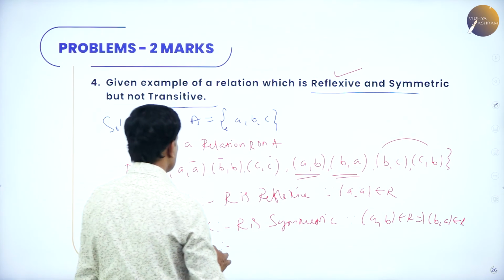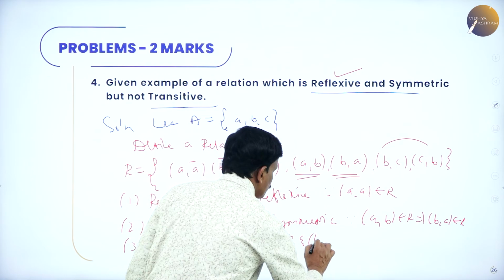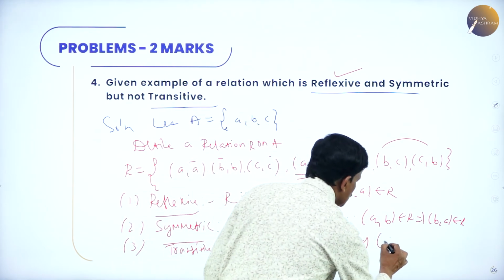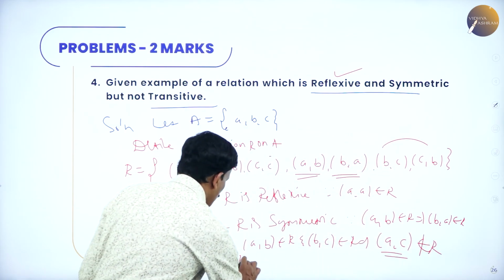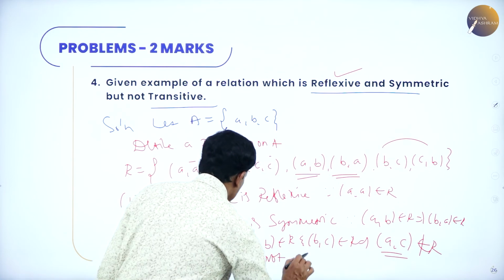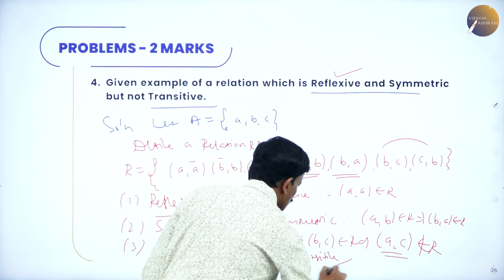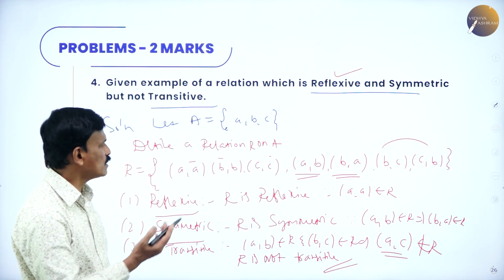Transitive. What is transitive? A comma B belongs to R and B comma C belongs to R implies A comma C does not belong to R. So therefore, R is not transitive. So this is an example for a relation which is reflexive, symmetric but not transitive.